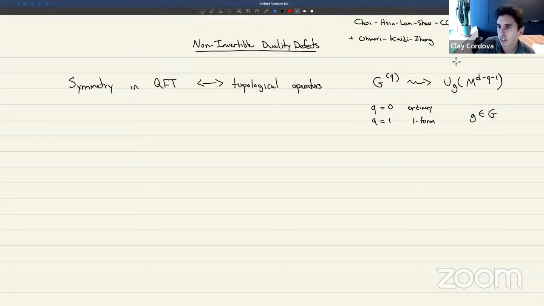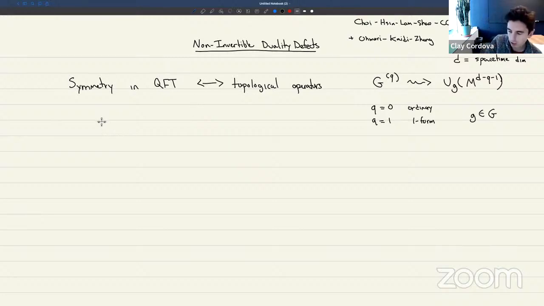And this D is our space-time dimension. And this notation is supposed to indicate that we're placing this topological operator that we have because we have a symmetry on this submanifold of dimension D minus Q minus 1. Okay, so with that notational orgy aside, symmetry in quantum field theory is really about topological operators.